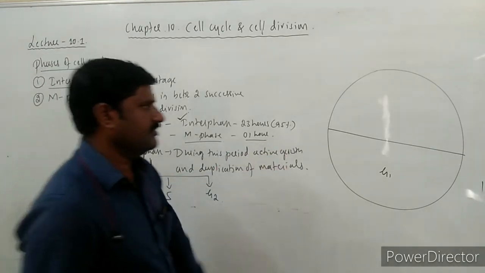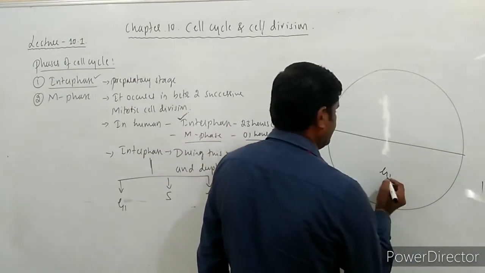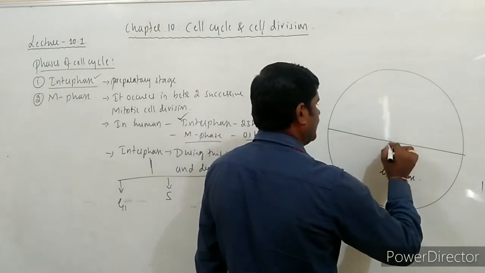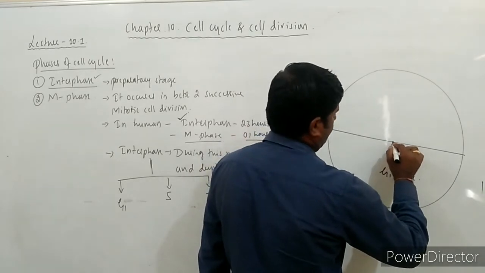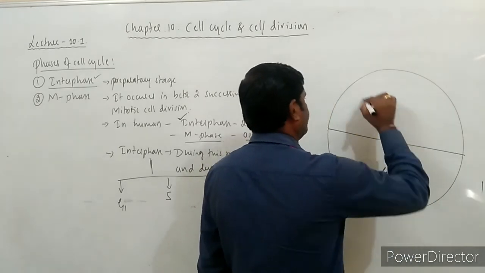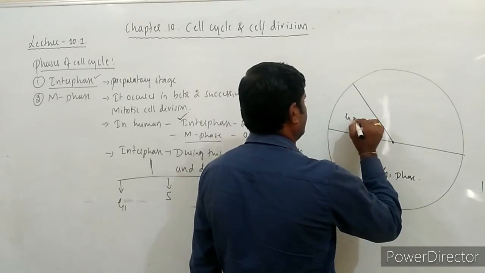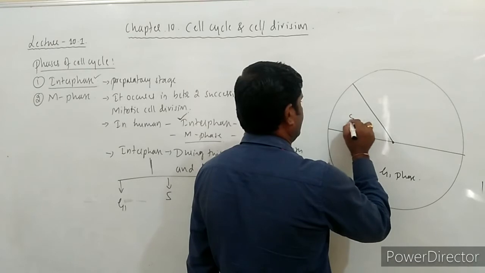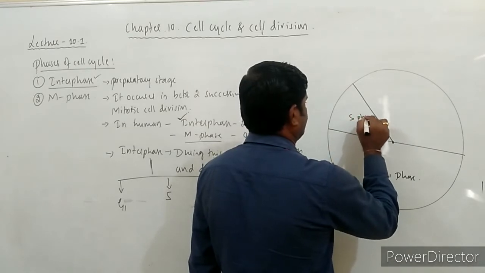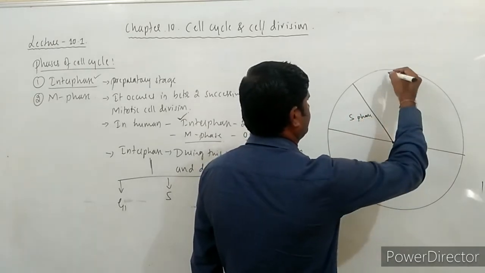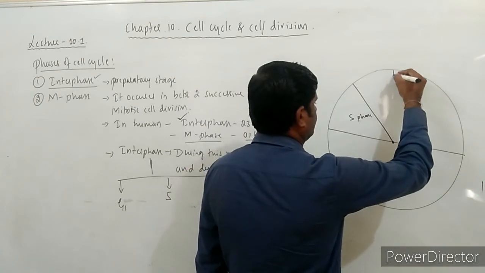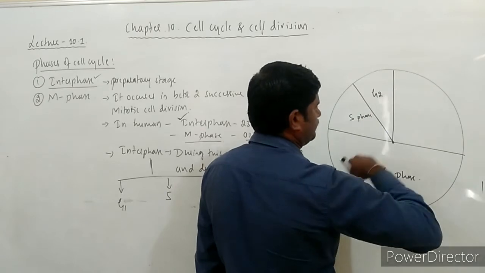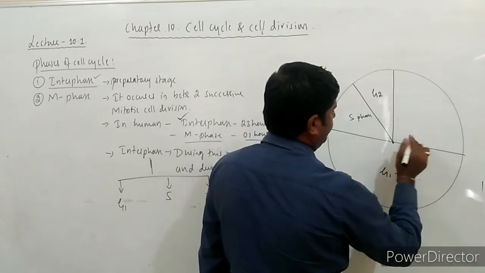So let us see them here also. This is G1 phase, and this is the central point from which you can write here S phase, and this one is G2 phase, and this is M phase.